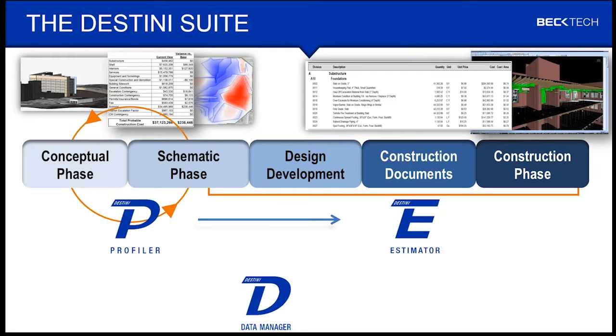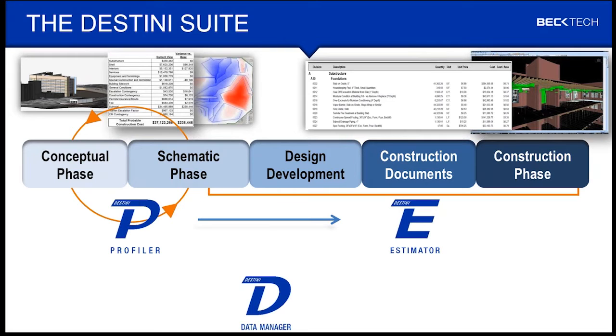Estimator is an easy-to-use, highly flexible estimating platform that requires next to no training. Many of Sunt's initial users required no formal classroom-based training in order to get up and running. One of the key strengths of Estimator is its ability to provide intuitive comparative analysis to help the estimator understand what has changed between estimate iterations and why. I'm going to go into more detail on both Profiler and Estimator in just a little bit.